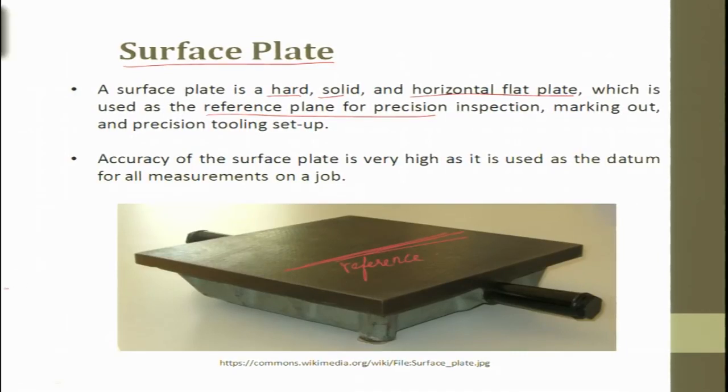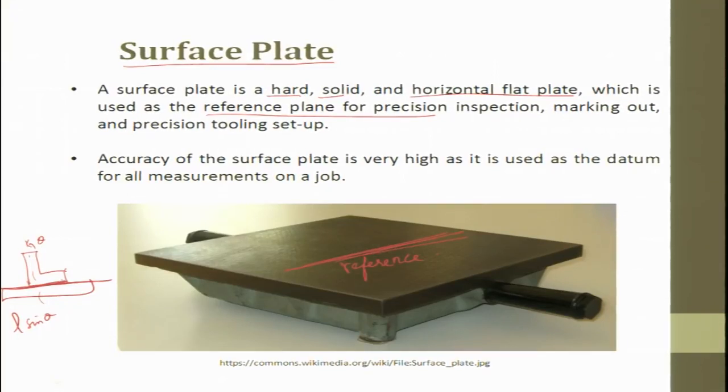For example, I put a surface plate, I put an L square to read, and here this is a flat surface. If there is any angle, then the L square will be at an angle theta, and this theta will give me a value which is L length into sin theta. So, you will get a different value.